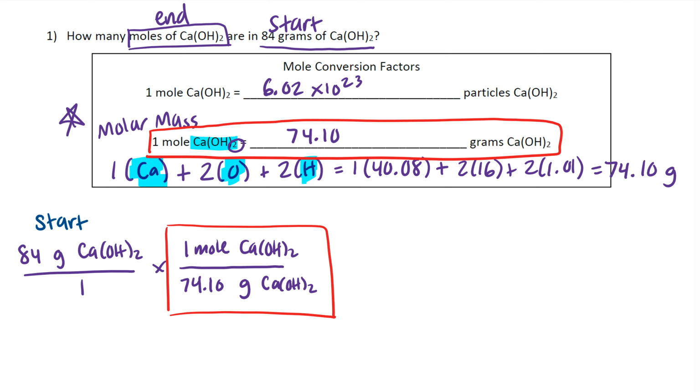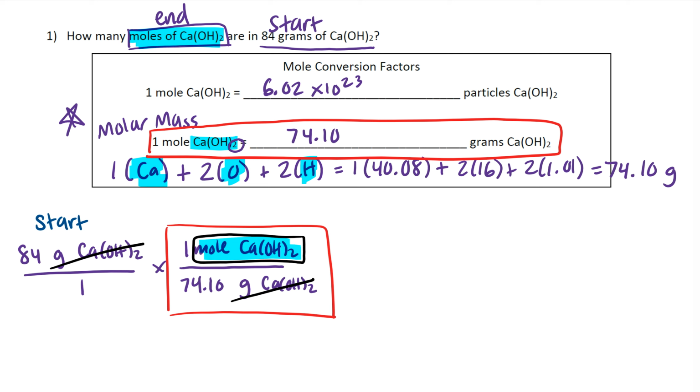That just lets me know where I got that conversion factor from as I'm going back and looking at my notes for reference. We see here grams of calcium hydroxide will cancel out, and we have the unit of moles of calcium hydroxide left in the numerator. That was my ending unit.